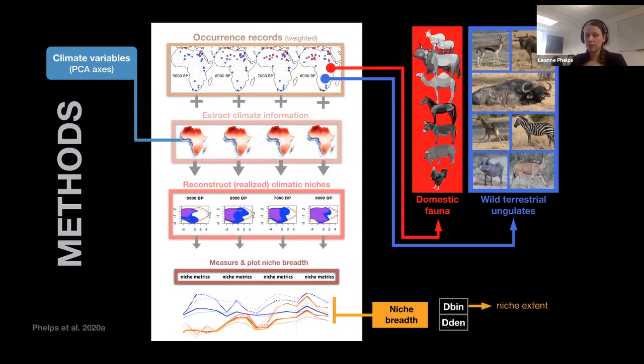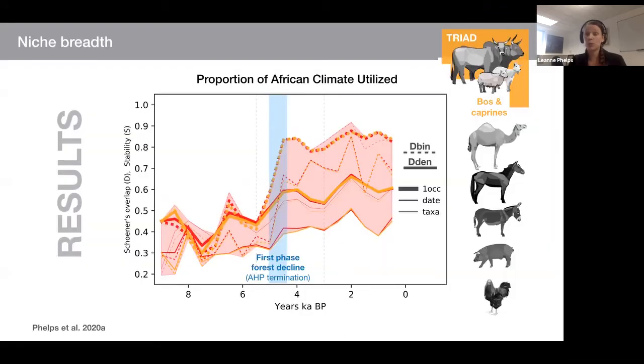We have two different metrics for doing that. I won't go into that too much right now, but we have a binary measurement that just says they're here or they're not. And we have a density-based measurement, which takes into account much more the abundance of these domestic animals. So when we reconstruct that trend for the domestic animal niche, we see that it's been expanding significantly through time.